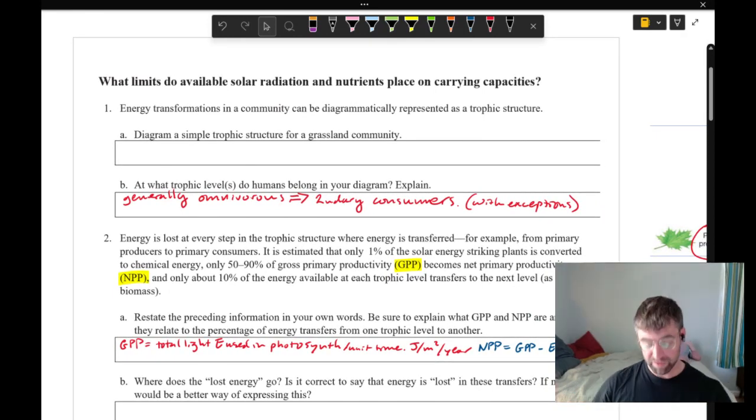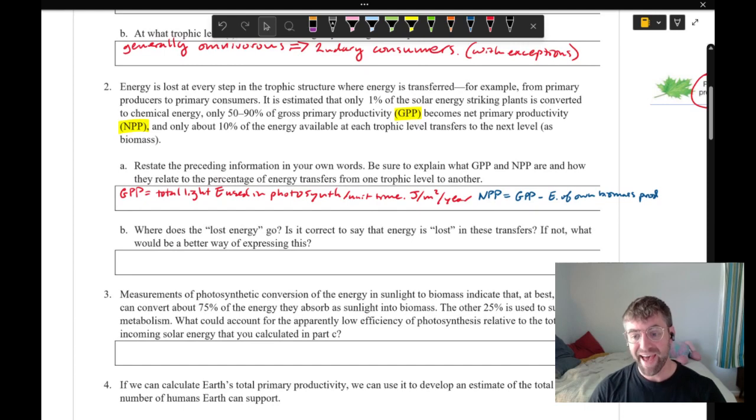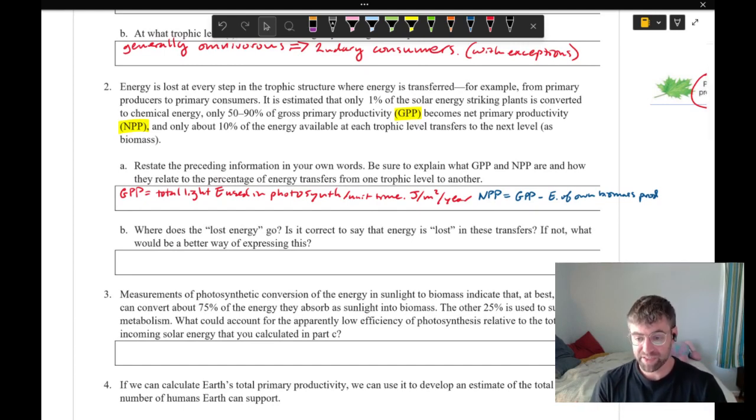So gross is all of the energy, and net is what you get when you subtract the energy required to create the organism from the gross primary production.